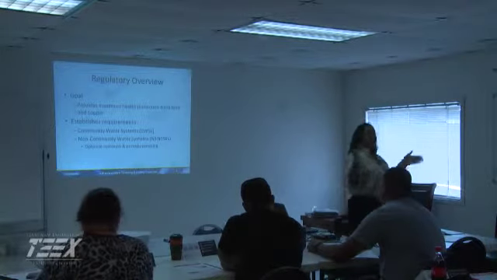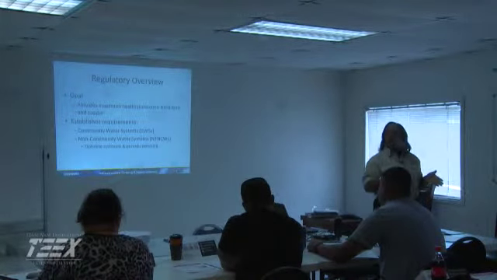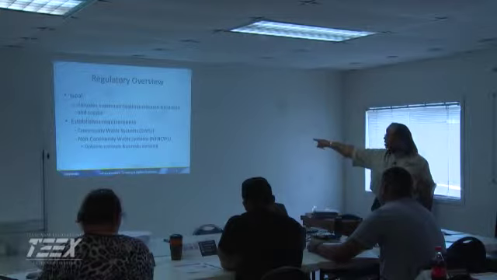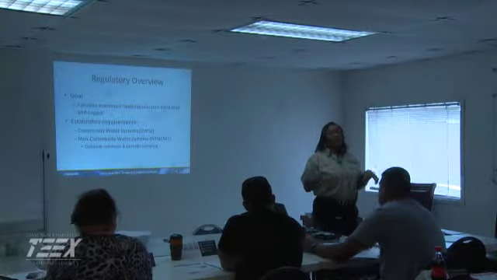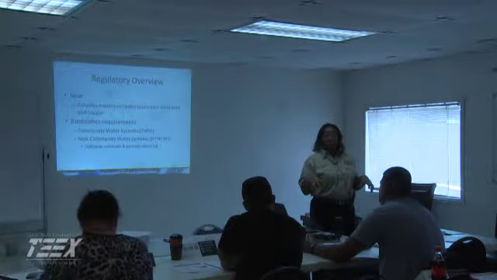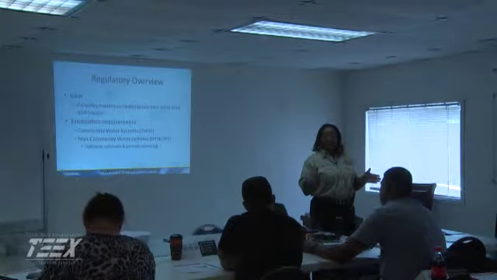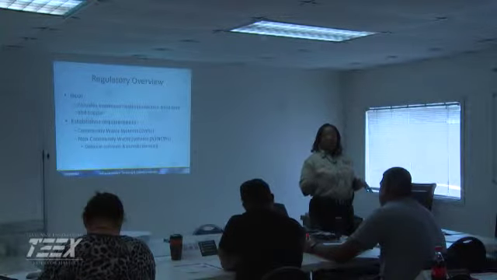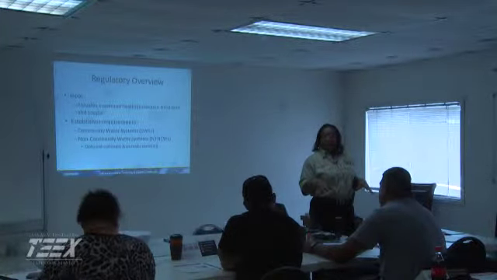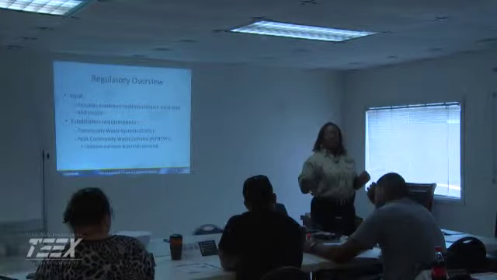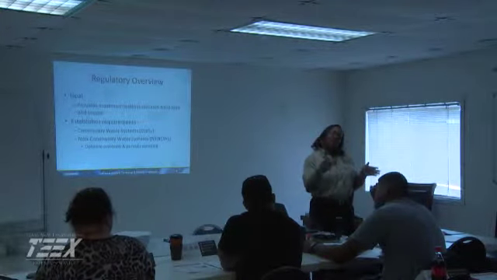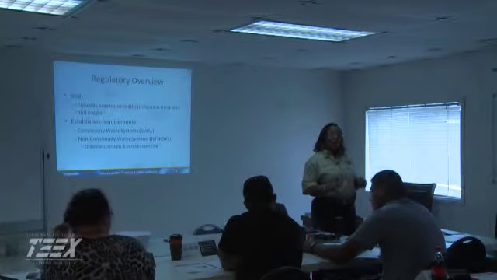Now, I have the non-transient, non-community water system, that second one there. These are 25 of the same individuals for at least 6 months. Give me an example of a non-transient system. Like a workplace, like a factory, 25 of the same individuals.